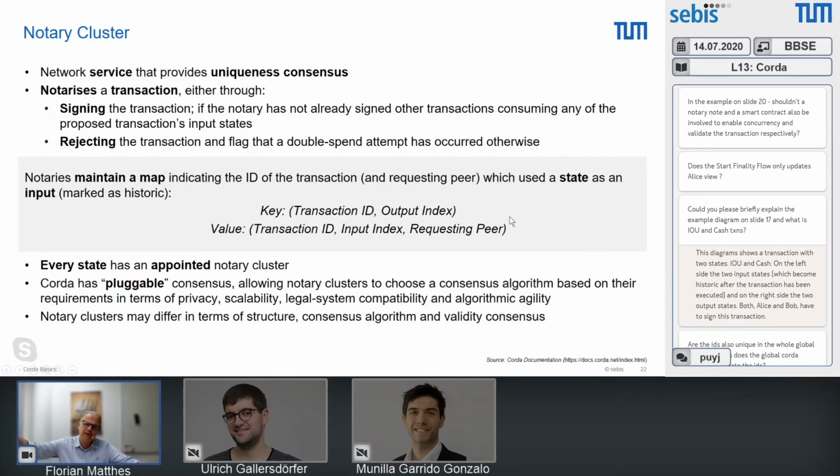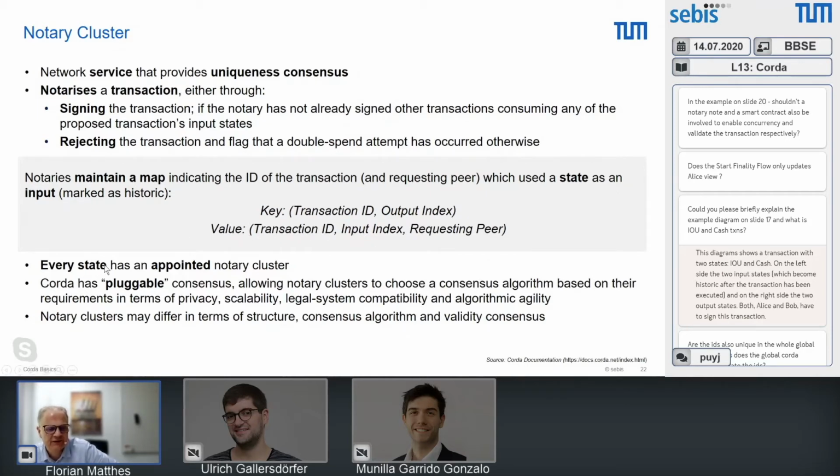You remember this network of unspent transaction outputs in Bitcoin, where we have to keep track of which output is used by which input index. In Bitcoin we had the transaction ID and its output on the left-hand side, and then the consumer transaction, which has also a transaction ID, an input index, and the peer that wants to consume it. That's the data structure which the notaries use.